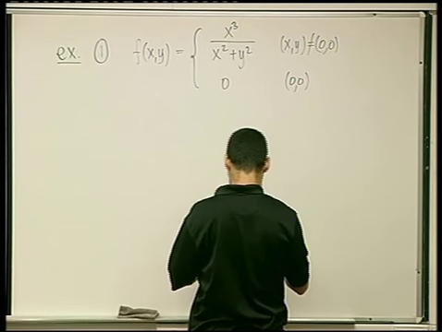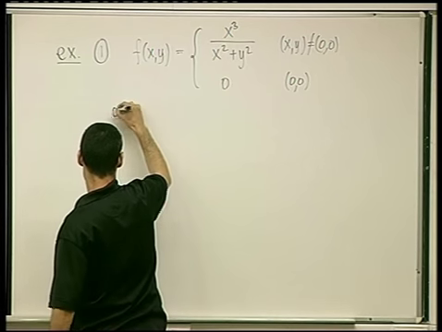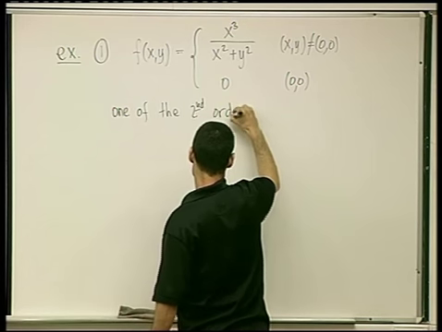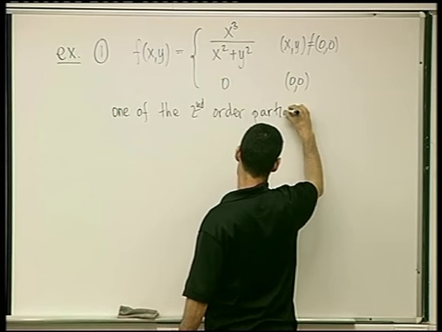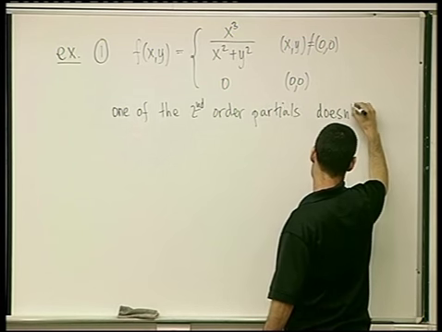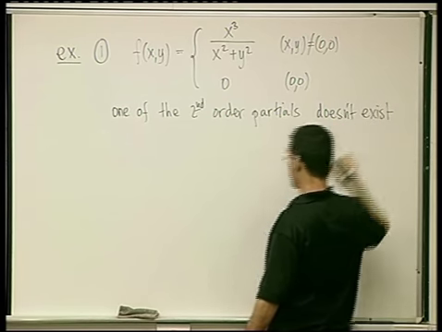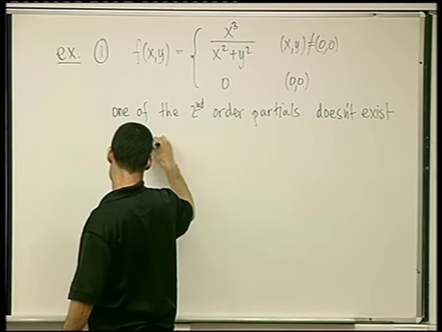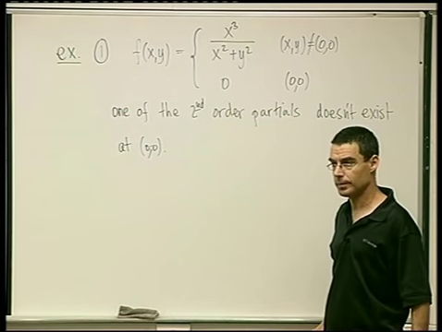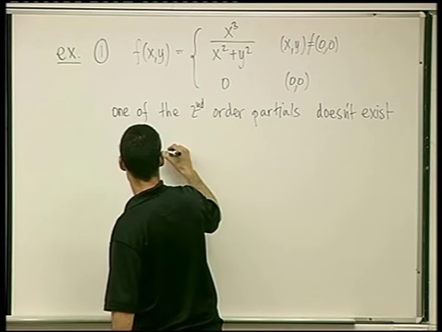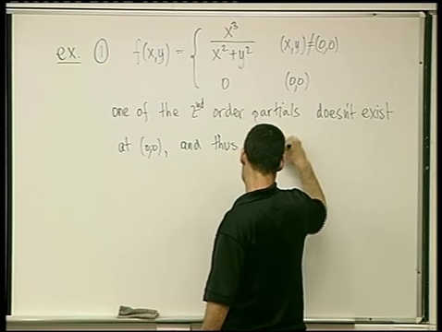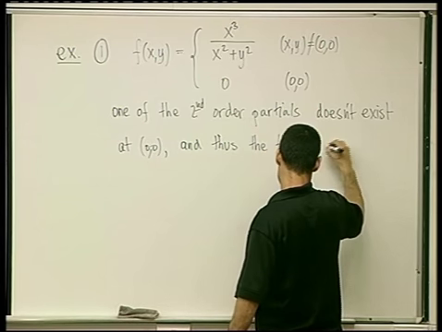So I'm leaving it as an exercise that one of the second order partials doesn't exist at 0. And in particular, they're not equal because the other one does exist. Okay? So let's write that. And thus, the theorem doesn't hold.